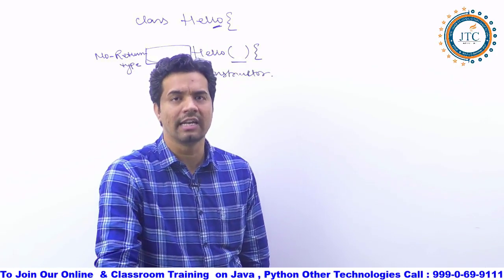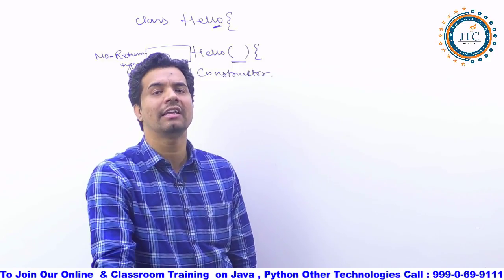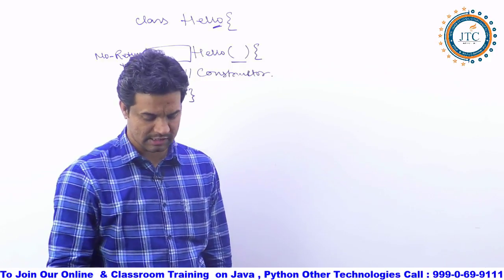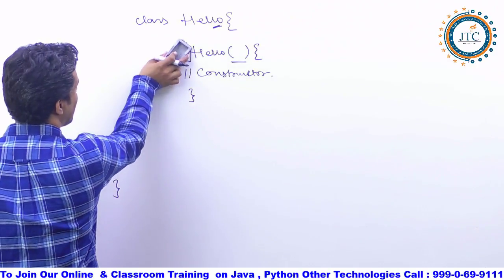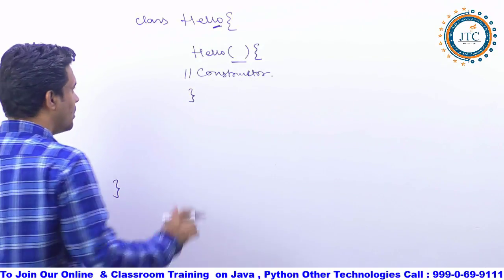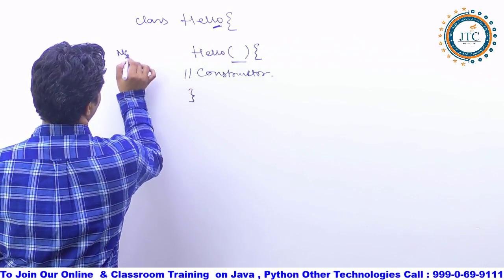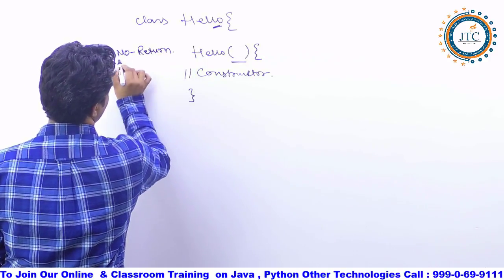Here there must not be any return type. In the case of a constructor we should not write any kind of return type. So I am not writing any kind of return type here. No return type.